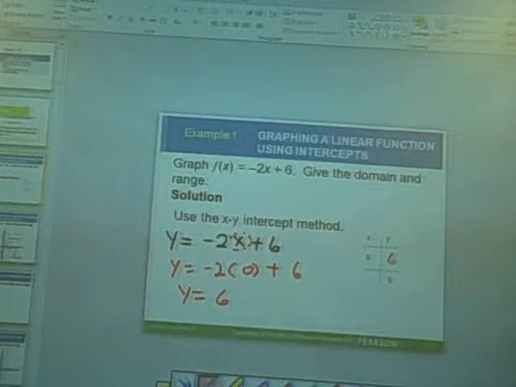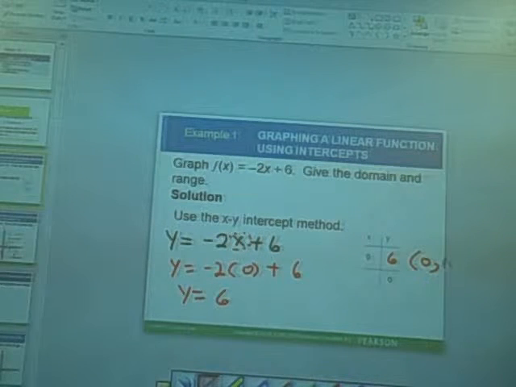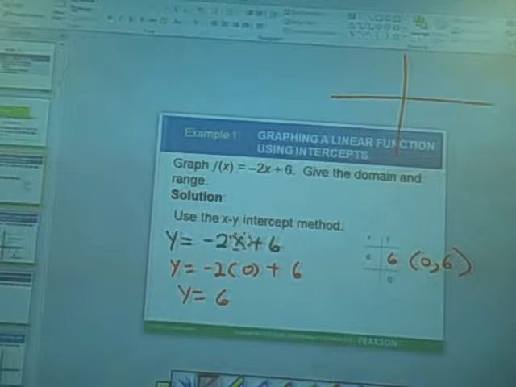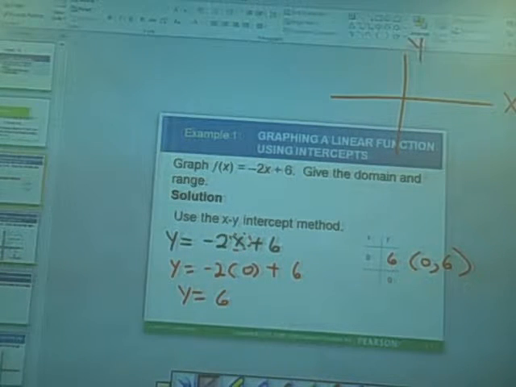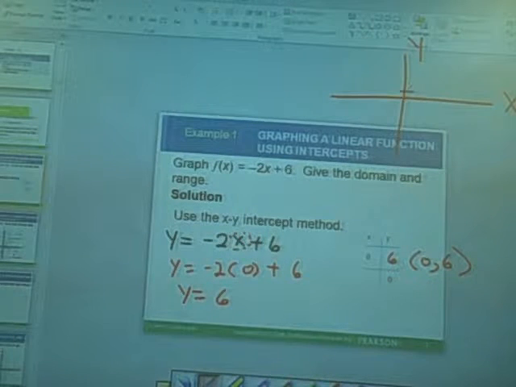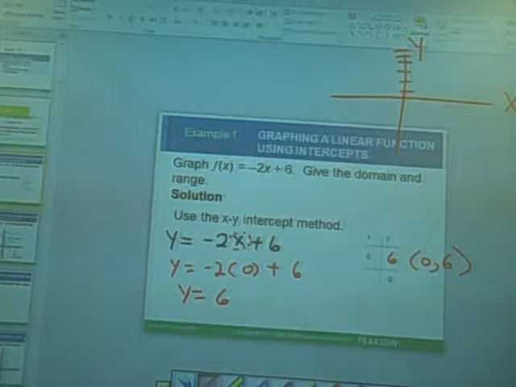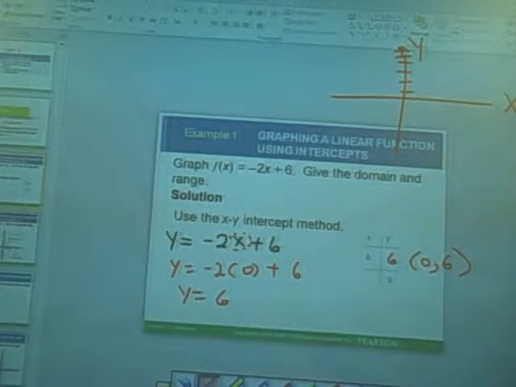And so our first coordinate point, our y-intercept, would be at 0, 6. If we were to graph this on the coordinate plane, here's x, here's y. X is 0, y is 1, 2, 3, 4, 5, 6. Alright, so that's our y-intercept.